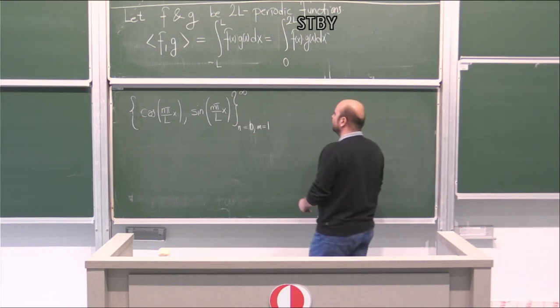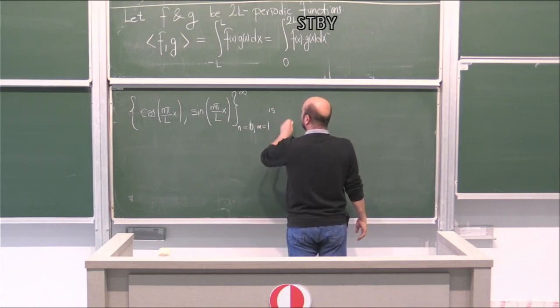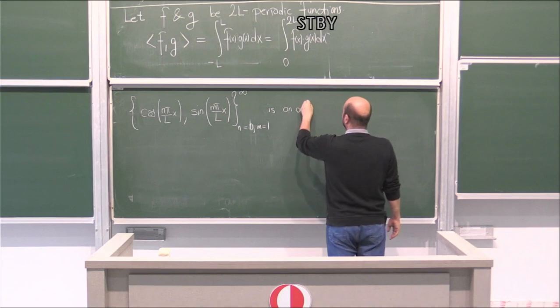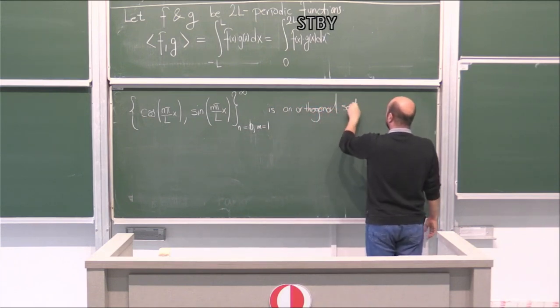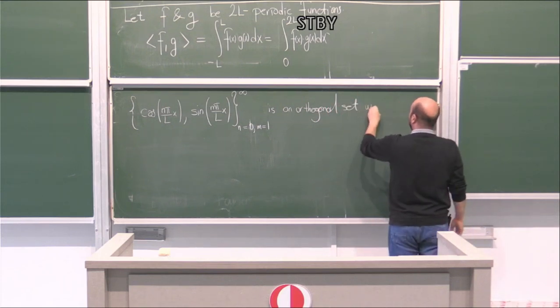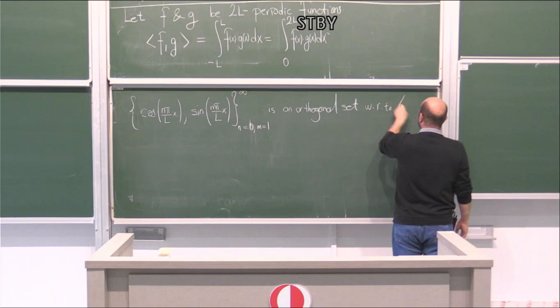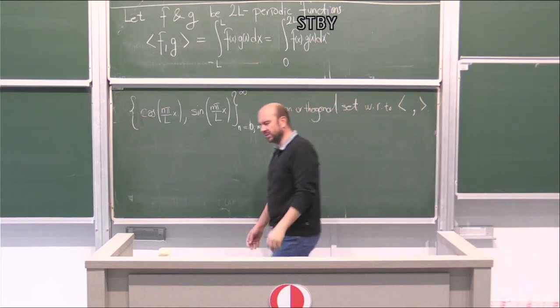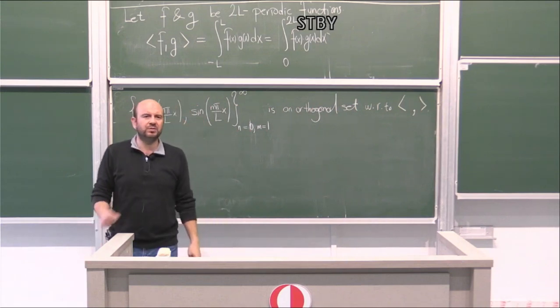Now, I'm claiming that this set is an orthogonal set with respect to this product. This inner product, or dot product, if you say.